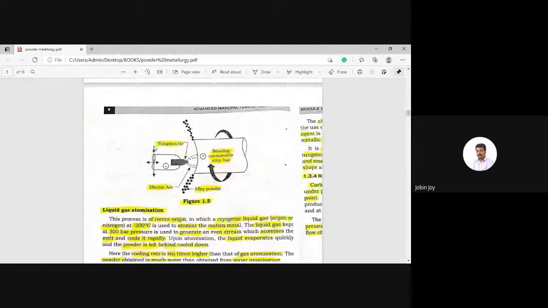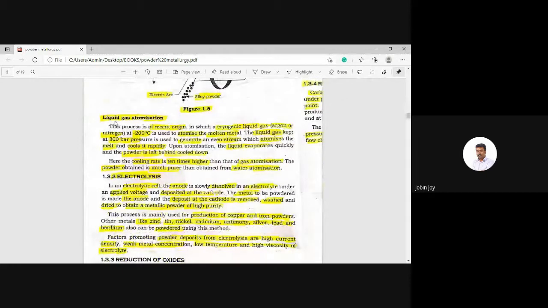And the next atomization is the liquid gas atomization. This process is of recent origin, in which we are using a cryogenic liquid gas, argon or nitrogen, at minus 200 degrees Celsius to atomize the molten metal. In gas atomization we are actually using gas.